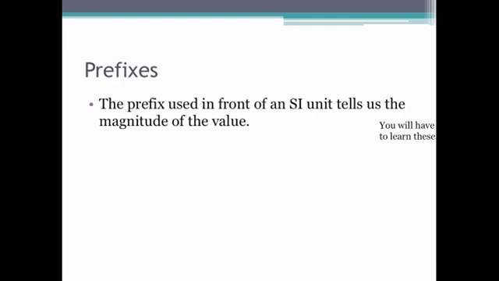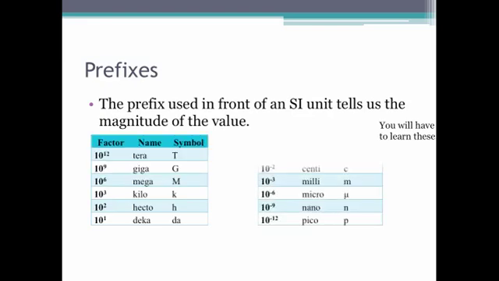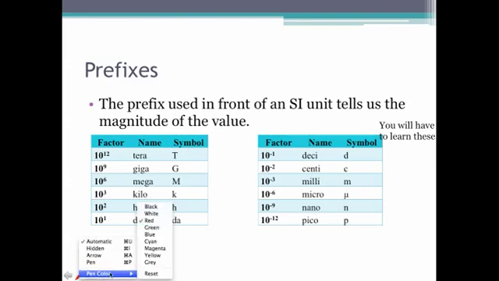Now the other thing with SI units is that we can use prefixes to change the values of particular units. It's best to illustrate this by example. If we have a look at, for example, these prefixes here, one of them you're already familiar with. You know that there's a thing called a kilogram.